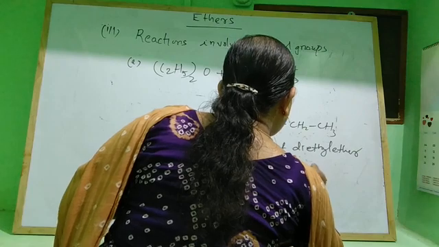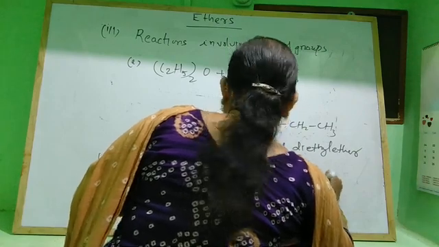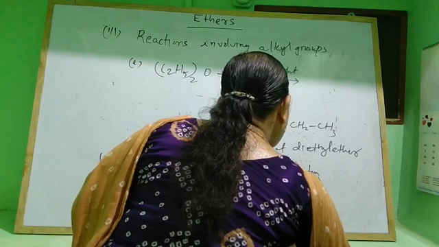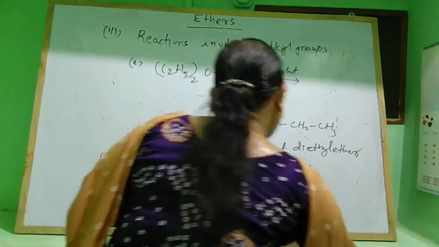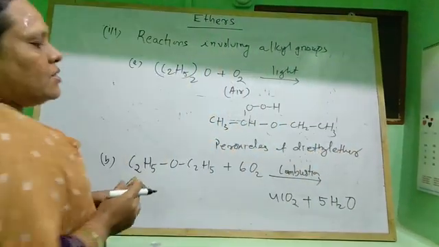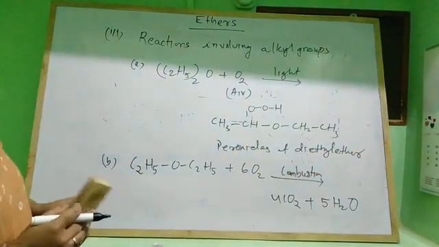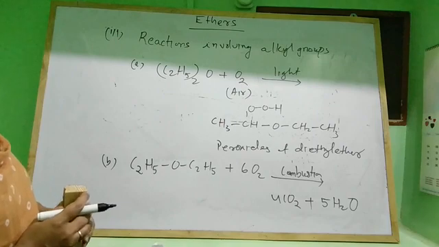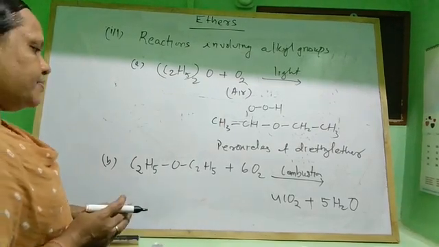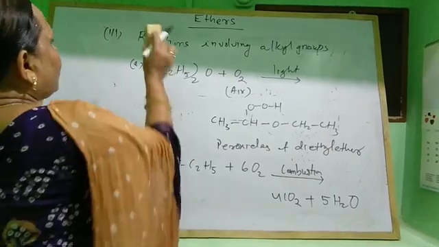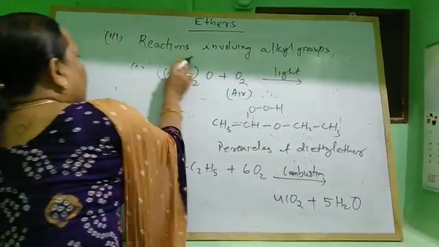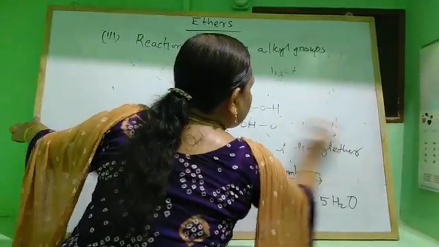Combustion gives rise to carbon dioxide and water. Next, halogenation.